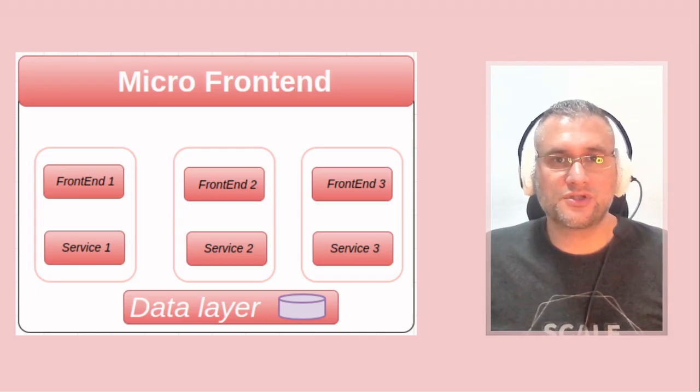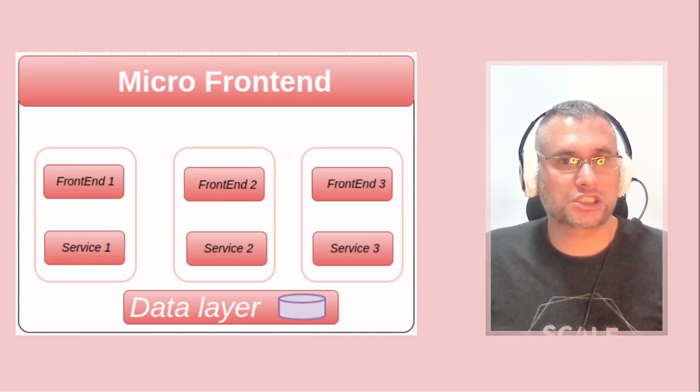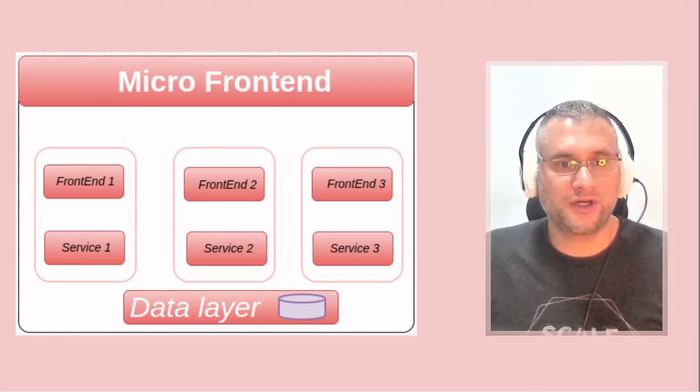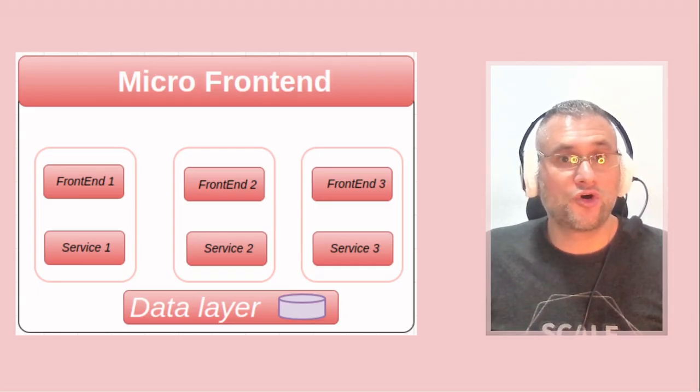For that reason, this is used for large teams, because every front end is independent from the other one. In this architecture, you can have different data layers, or you can have a central data layer.